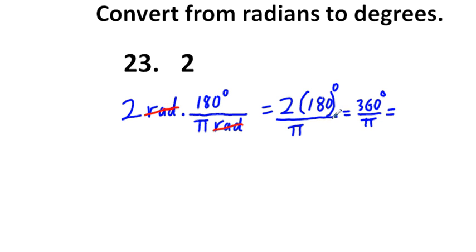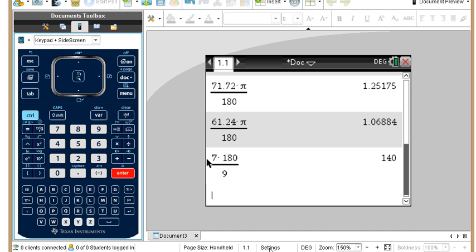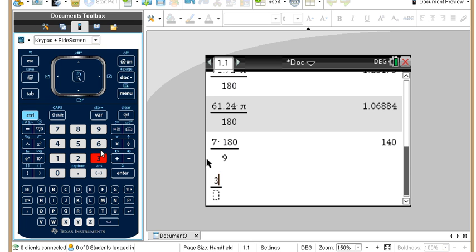But typically when you see this, you go ahead and put it in a calculator, and you're going to get some kind of an irrational number. But here goes. You get 360 over pi.